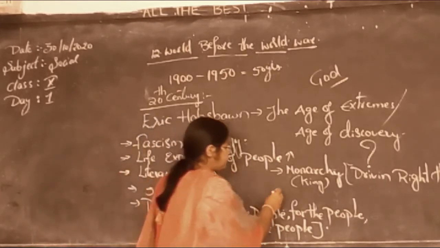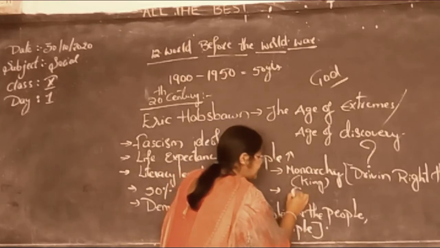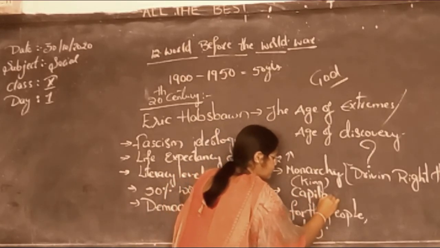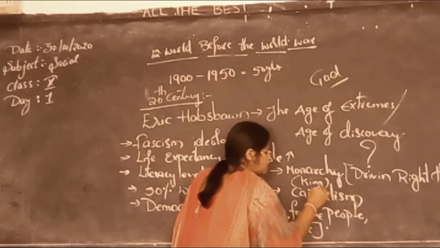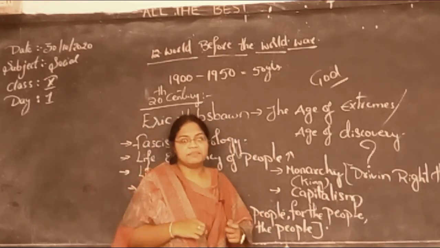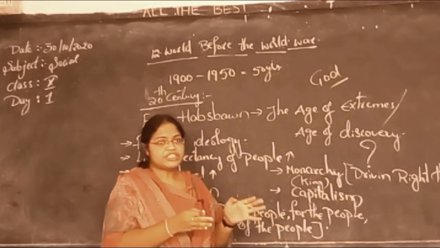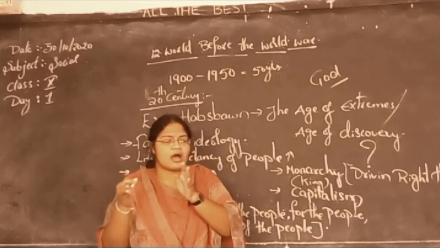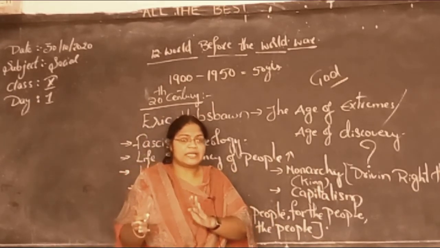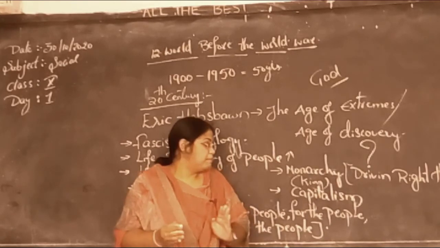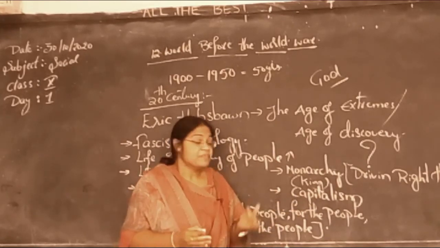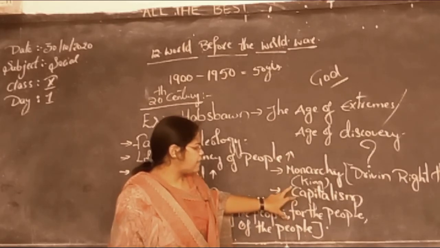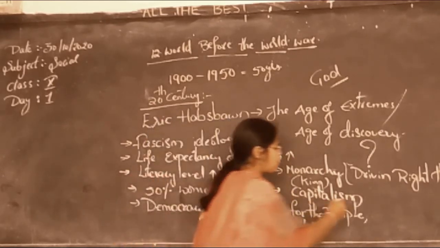Afterwards, there is capitalism. What does capitalism mean? A few rich people will control the low class people. That is capitalism. Simply we can say that private industries and private factories fall under this.